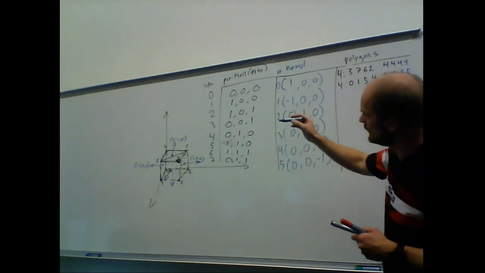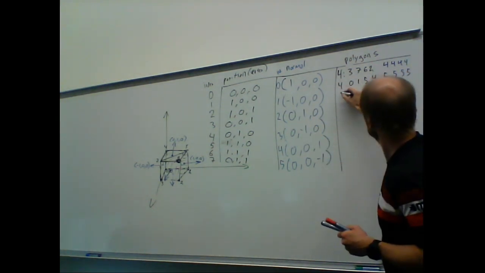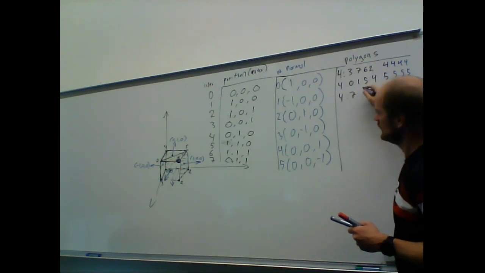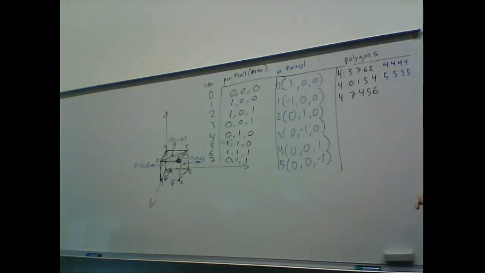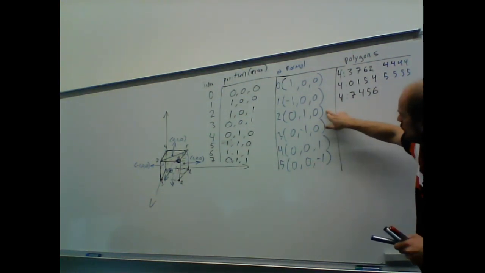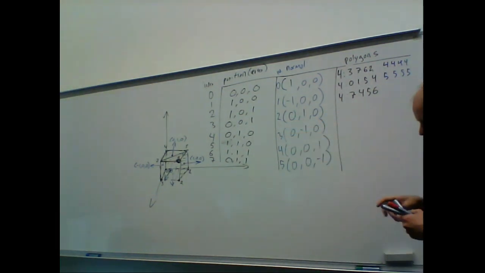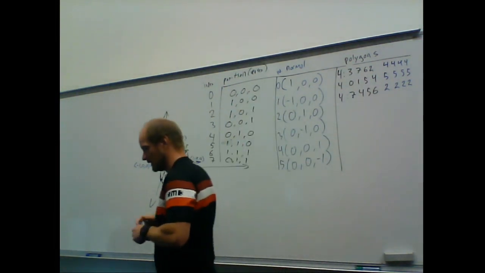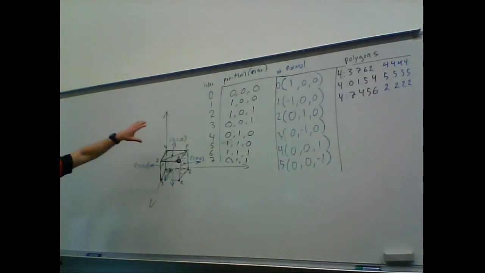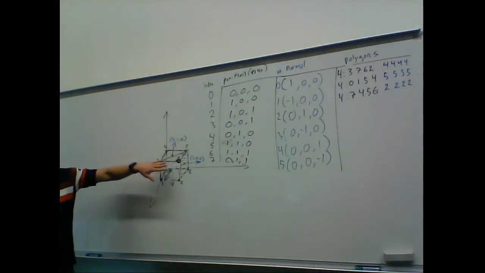The next one that we did was top right, where we had 7, 4, 5, 6. And that one has this normal here, the directly up normal, which would be 2. And then we could make these types of lines for every single one of these faces.